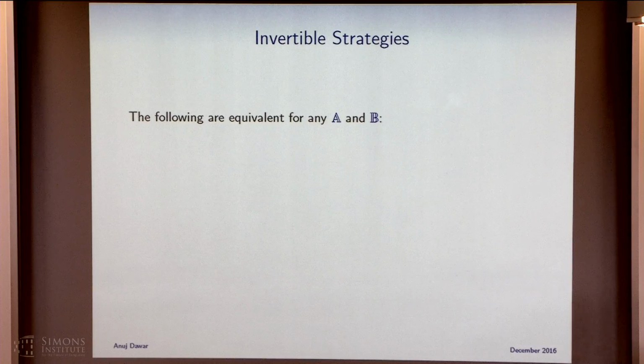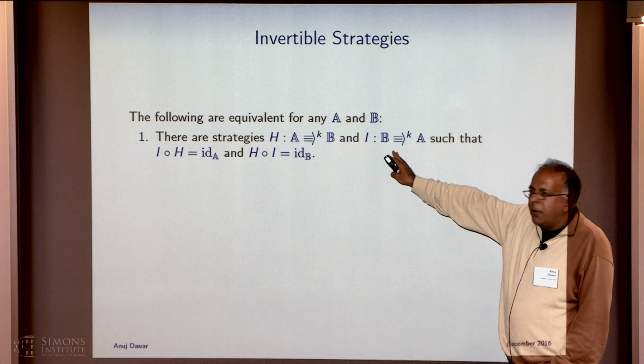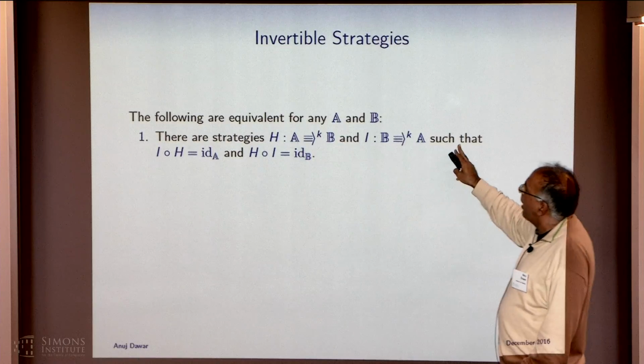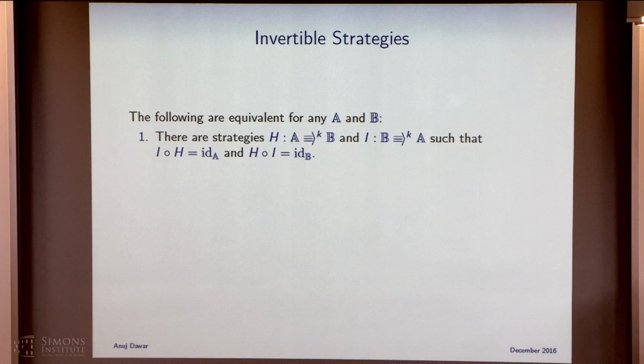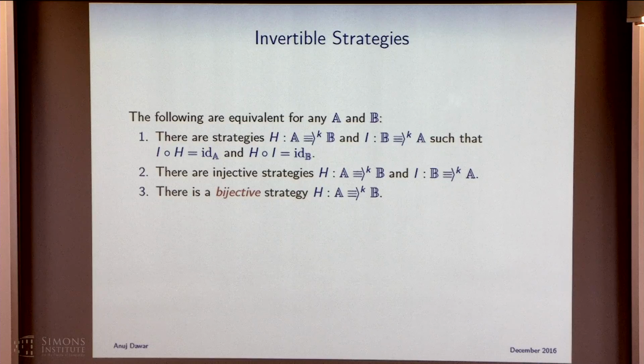The following are equivalent for any pair of structures. One is the usual notion of isomorphism in the category I've just defined, so there's a pair of strategies which are mutually inverse. This is equivalent to simply a pair of injective strategies in both directions. And this is equivalent to the existence of a bijective strategy from A to B.